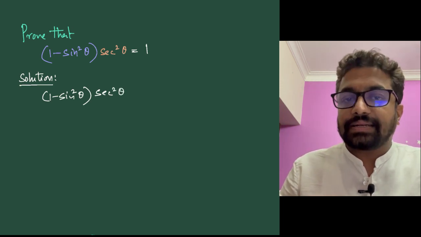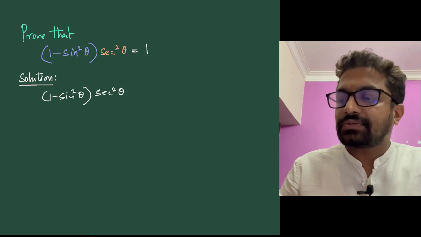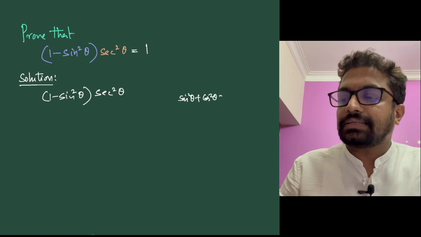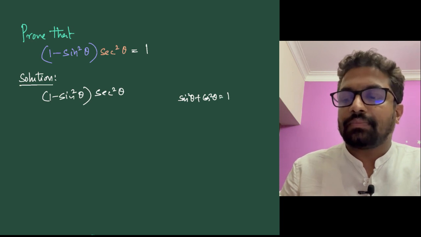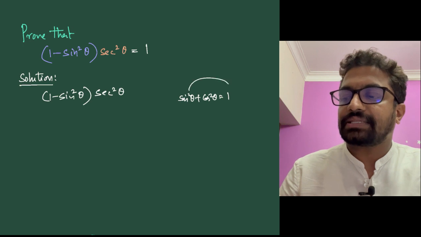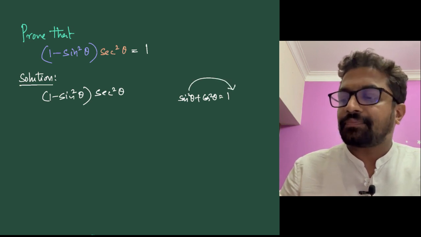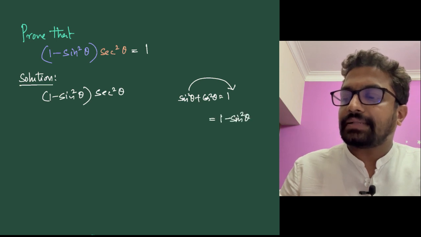So we have three identities. Out of that, the first one is sin square theta plus cos square theta equals 1. But I have 1 minus sin square theta here. So in order to get 1 minus sin square theta, I will shift sin square theta to the right hand side. In that case, I get 1 minus sin square theta equal to cos square theta.